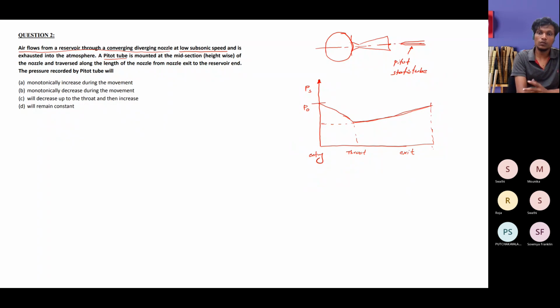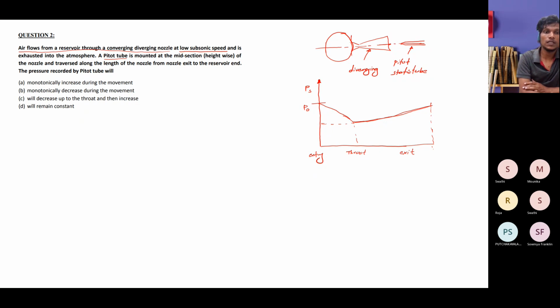But in subsonic flow, if we provide a divergent section, the velocity decreases and the pressure increases. That is what happens for subsonic flow.